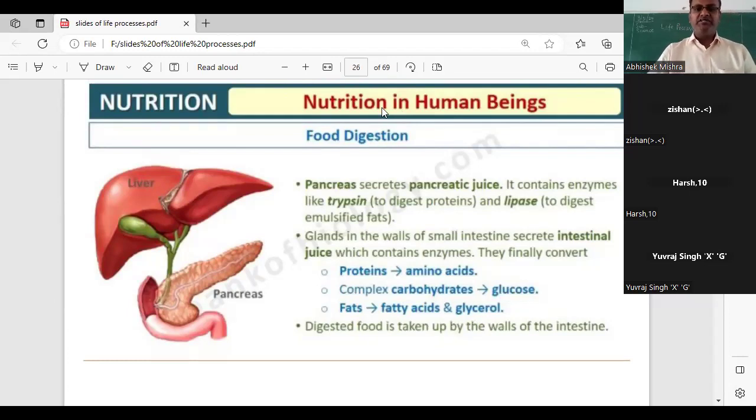We said the small intestine receives secretion from 2 important glands of the body. And what are those glands? The 2 glands are liver and pancreas.